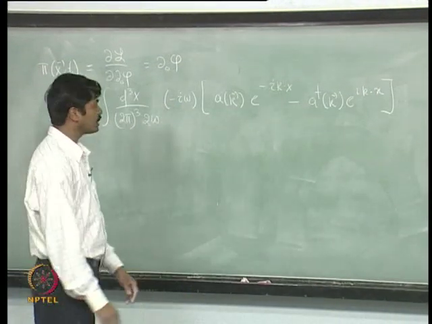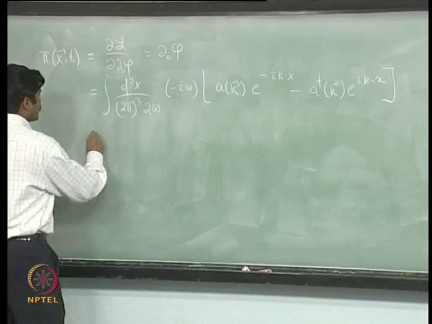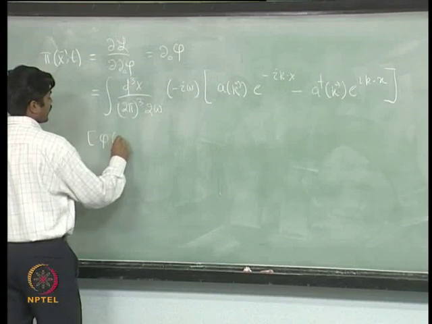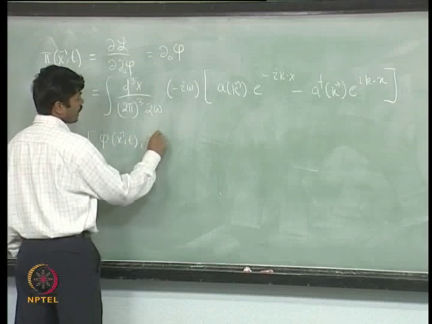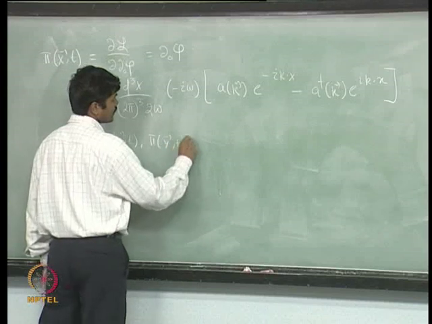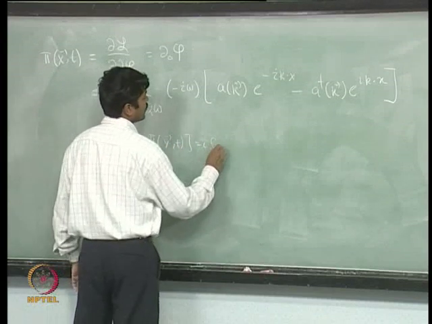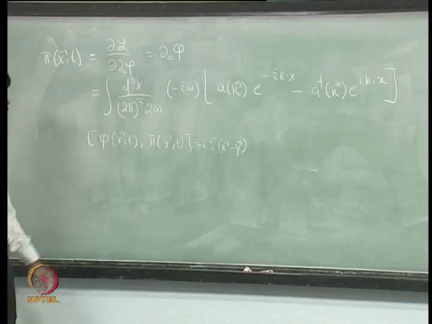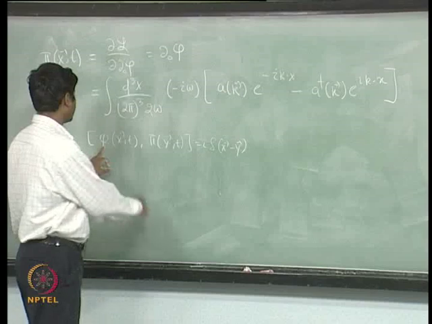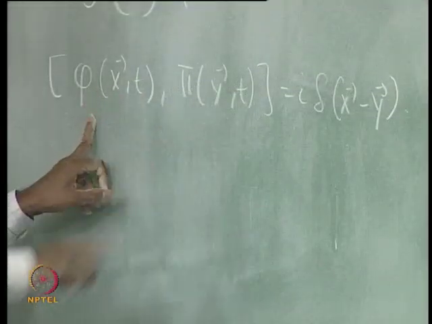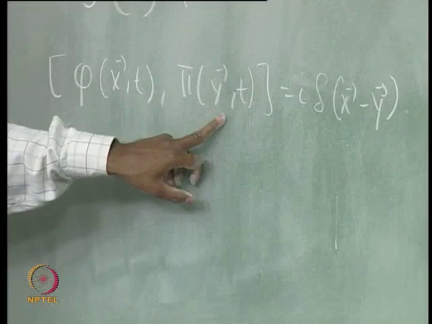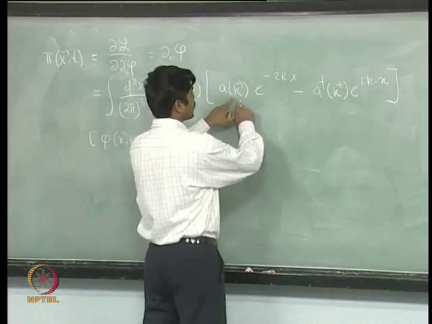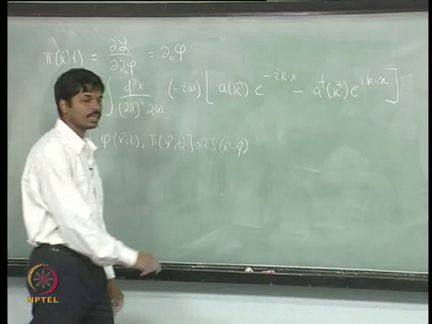What we will do now is take the fundamental commutation relation, which is the commutator of phi of x, t and pi of y, t equal to i delta of x minus y, and then see, if this is the commutation relation between phi and its conjugate momentum, what the commutation relation is between these operators a k and their Hermitian conjugate a dagger k.